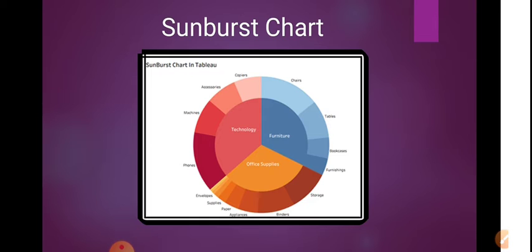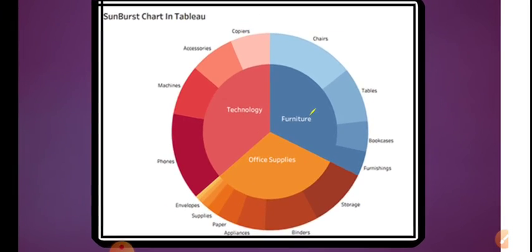See here, technology, furniture and office supplies. These are the three. In the pie chart you can show only this. But what is the difference in the sunburst chart? In the office supplies also you can show more, like a family tree.